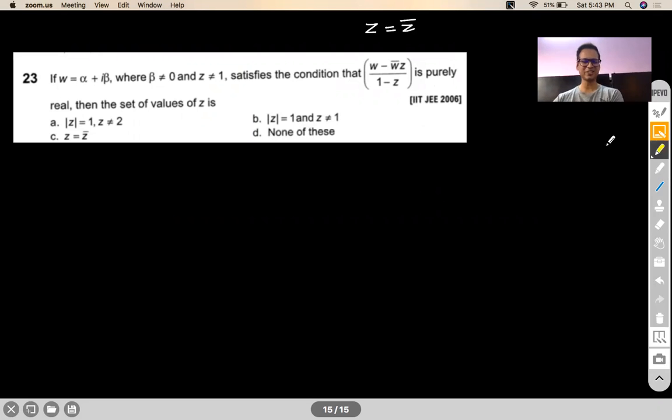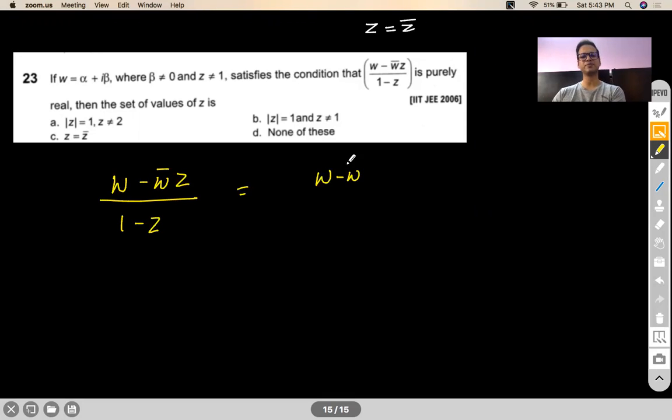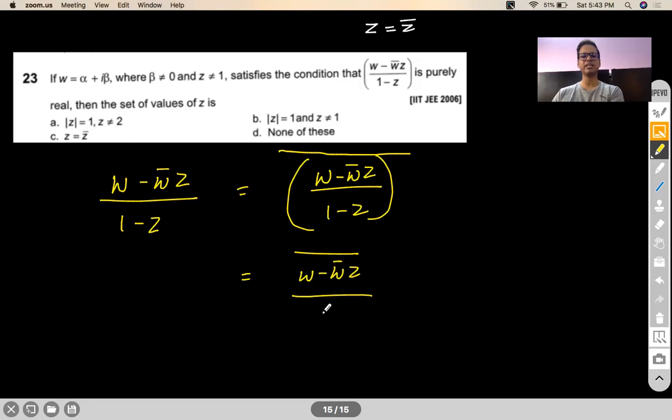Correct? So if this is purely real, this guy is going to be equal to its conjugate. And you have also learned that conjugate property, that the conjugate of Z1 by Z2 is the conjugate of the numerator and denominator separately.